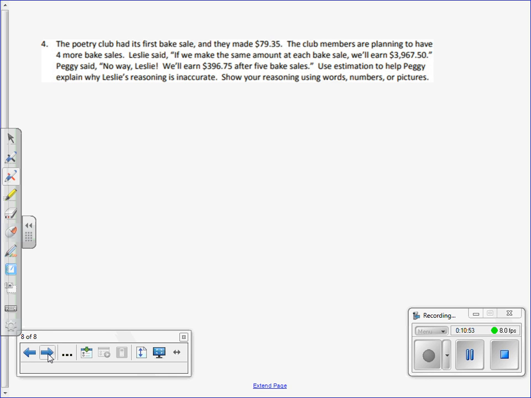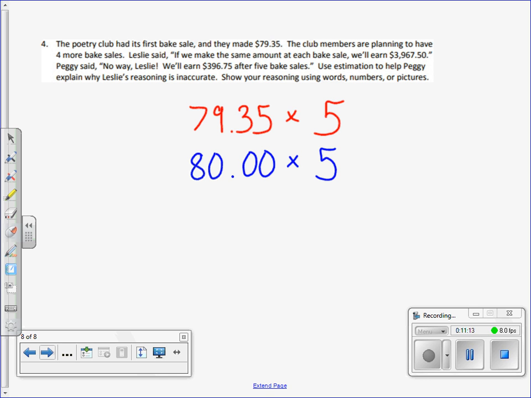Okay, so we have $79.35, and we want to multiply that by 5 bake sales. If we do that, first thing I would do is round our $79.35 to $80. That's pretty close. So if we make $80 a bake sale and we multiply that by 5, 8 times 5 is 40.